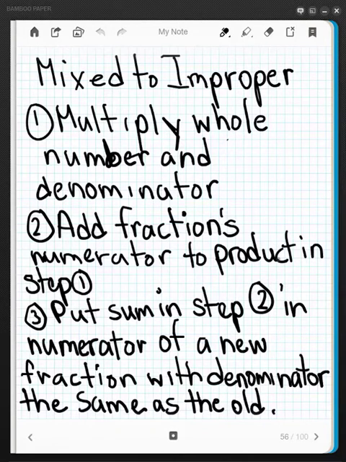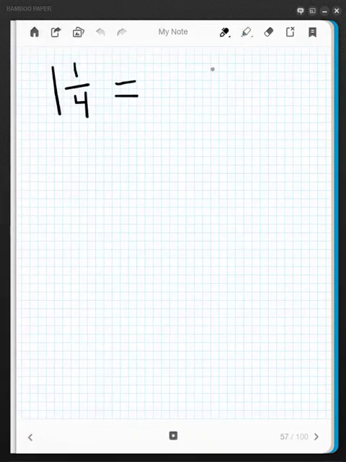Now, a mixed number to an improper fraction. We're going to multiply the whole number and the denominator. Then we're going to add the fraction's numerator to the product from step 1. And then we're going to put the sum from step 2 into the numerator of a new fraction with the denominator that's the same as the old. Let's try it here.